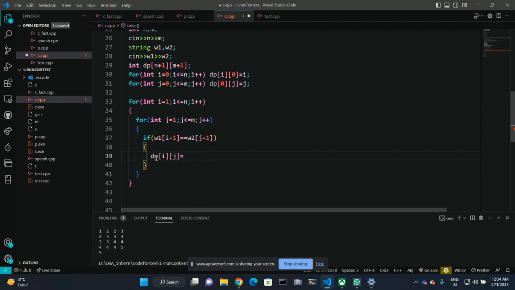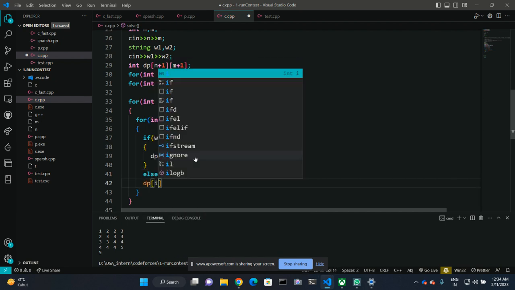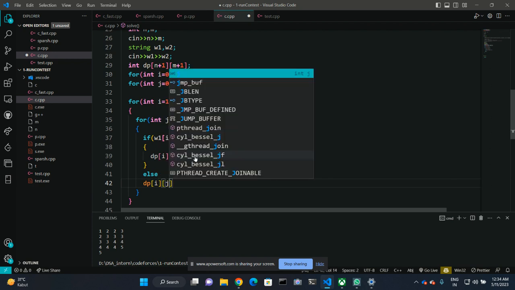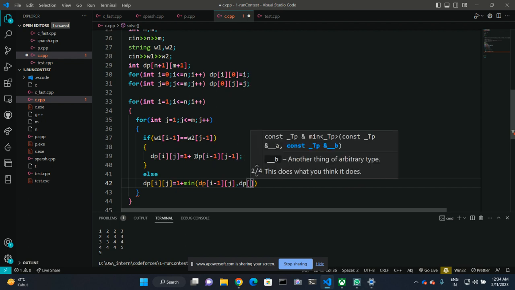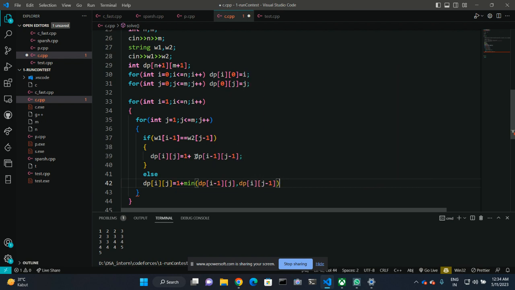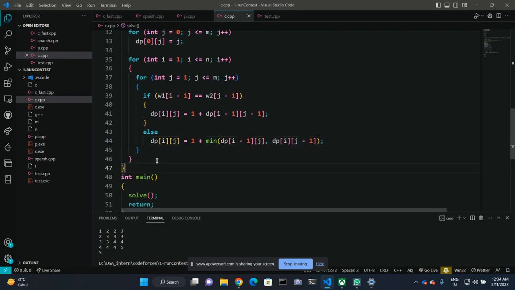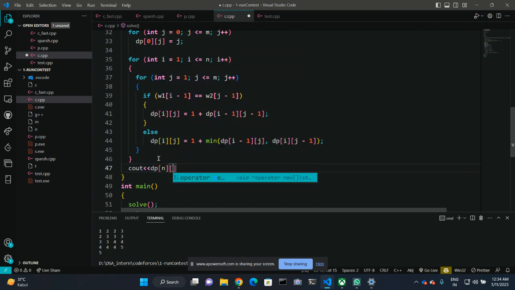So the last character will be in this dp of I. That's why I mentioned zero based indexing. Else. Then our answer will be dp of n, m.